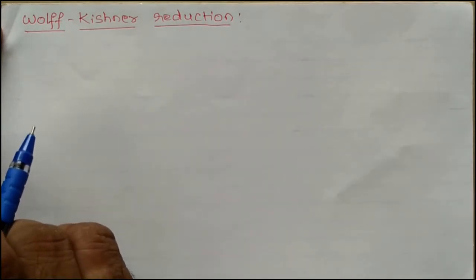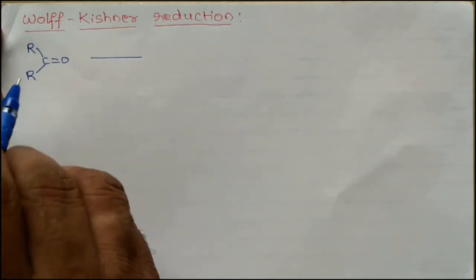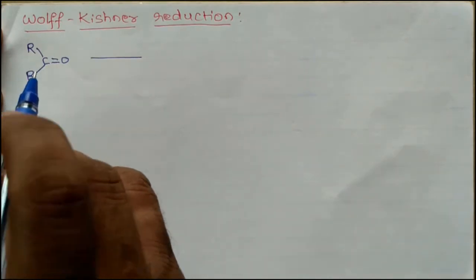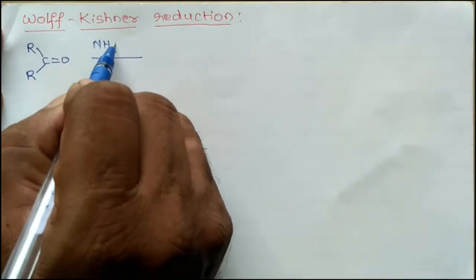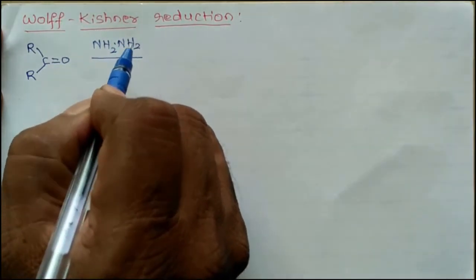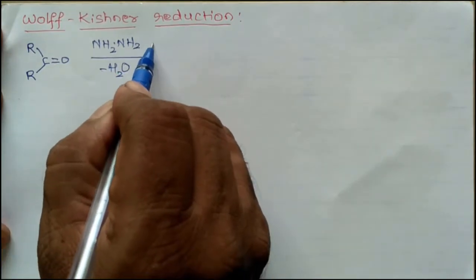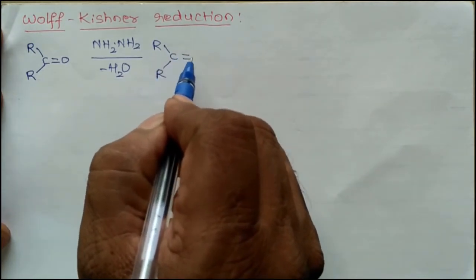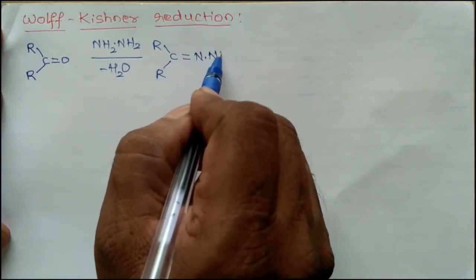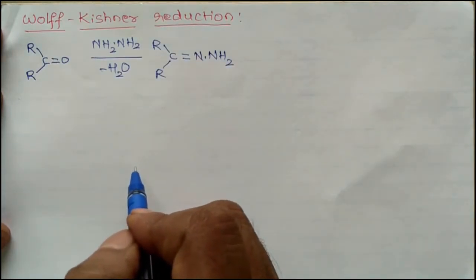Now we'll discuss Wolff-Kishner reduction. When aldehydes or ketones are treated with hydrazine NH2NH2, eliminate a molecule of water, you are going to get R C double bond N NH2, hydrazone.